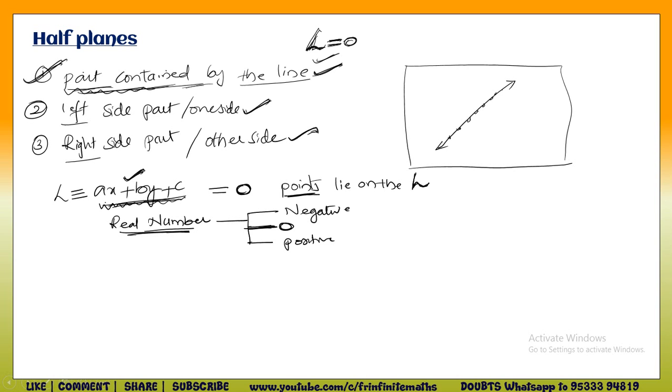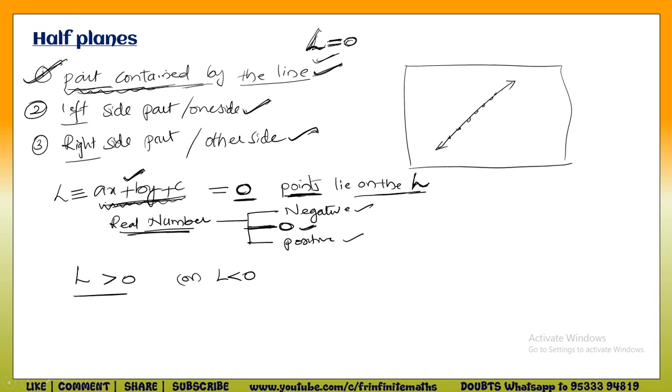If you consider the points which lie on the line L, then its value is always 0. That means it always satisfies this condition. Next, there are two more conditions, negative and positive. That means either L will be greater than 0 or L will be less than 0.